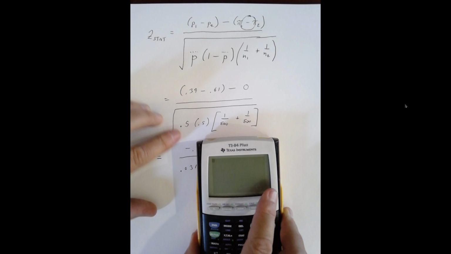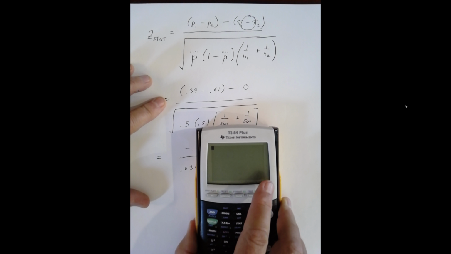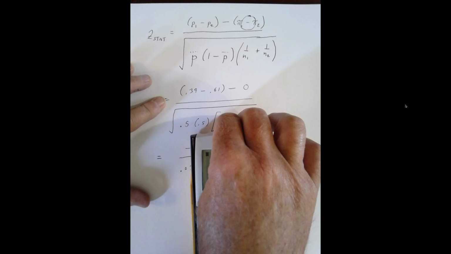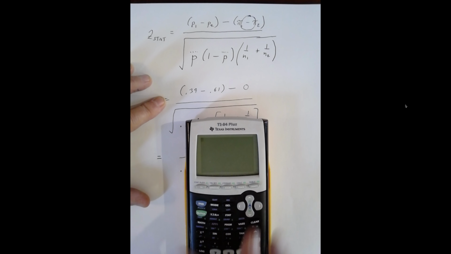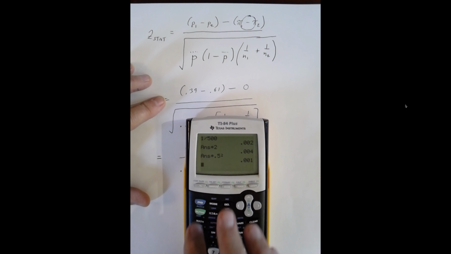I didn't want to take the chance of putting all that in my calculator, so what I did is I started here and worked out and then took the square root. So I took 1 divided by 500. I knew I had to multiply that by 2 because I have 2 of them. Then I multiplied by 0.5 squared because I had two of those. And then a while ago I said the way was 0.001. But then I had to take the square root of the answer.